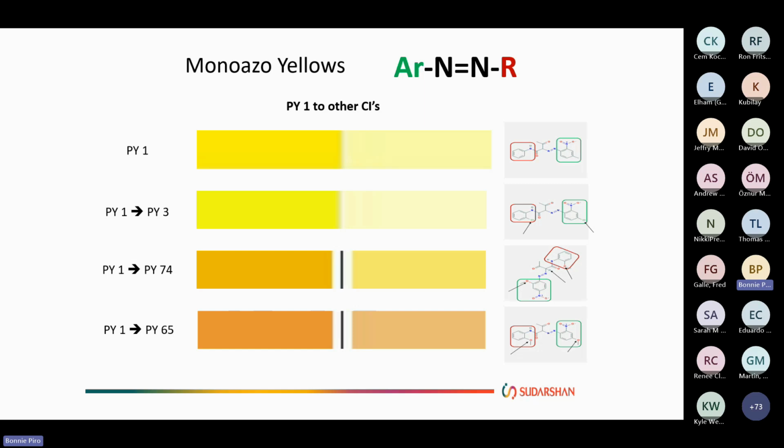Now, as you change those side add-ons to the nitrogen double bond spacing of the azo, you can start to see how the chemistry results in a different color space as well as properties. So we move from the base of pigment yellow 1 through yellow 3, yellow 74, and yellow 65, going from very green shade to very red shade, just by changing some of the items on that base structure.